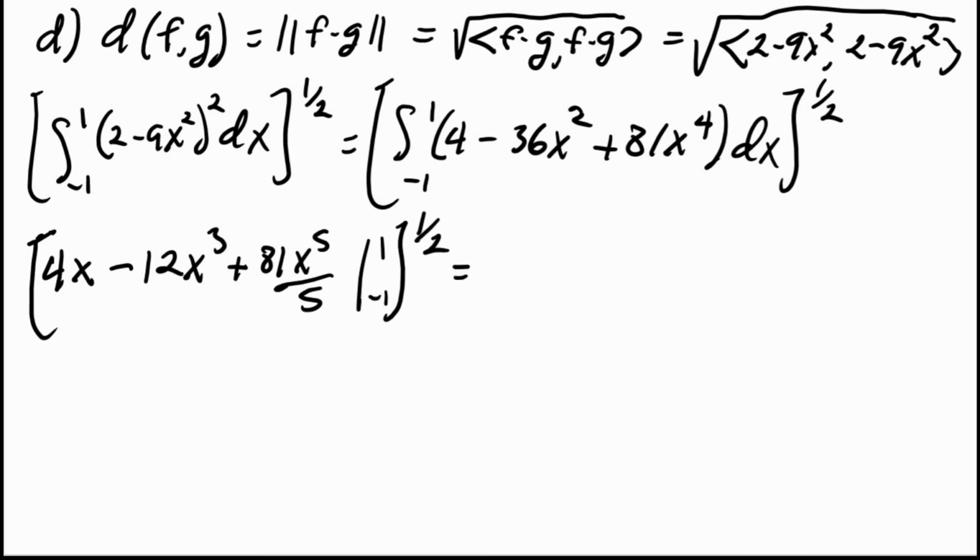So now let's evaluate these terms. We'll plug in 1, so that gives us 4 minus 12 plus 81 over 5. And since these are odd functions, we can just say times 2. It's the square root of all of that, right? So you don't have to go through all of the rigmarole. For odd functions, the integral evaluated from -1 to 1 is just times 2, and that's all the square root.